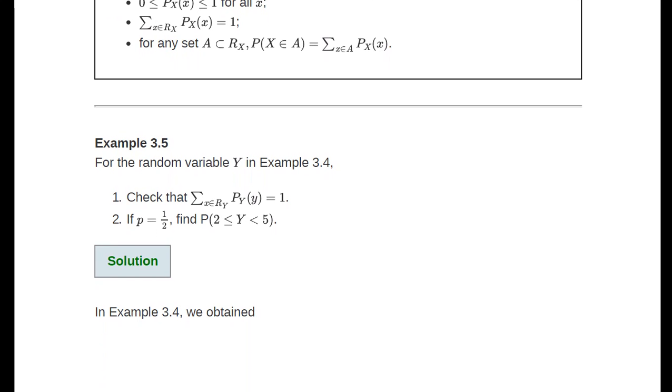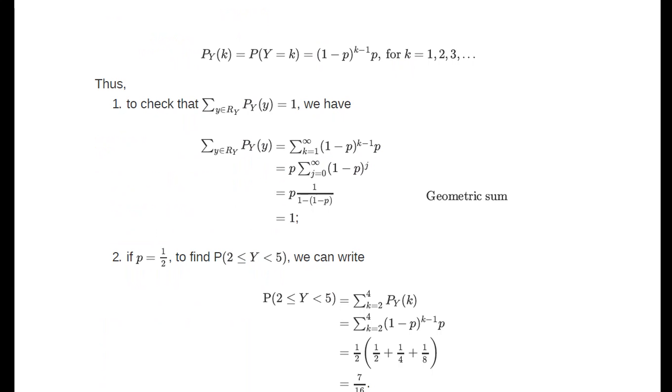An example: for the random variable Y in example 3.4, number 1, check that the summation of P_Y(y) equals 1. Number 2, if p equals a half, find the probability that Y is between 2 and 5. We have P_Y(k) equals (1 minus p) to the power k minus 1 times p for k equal 1, 2, 3, and so on.